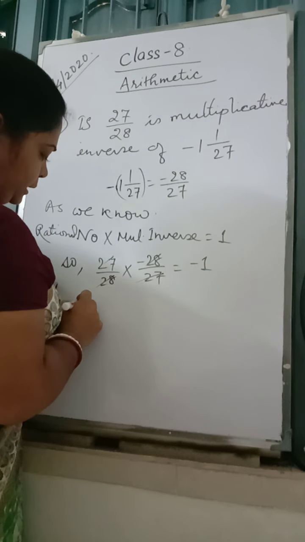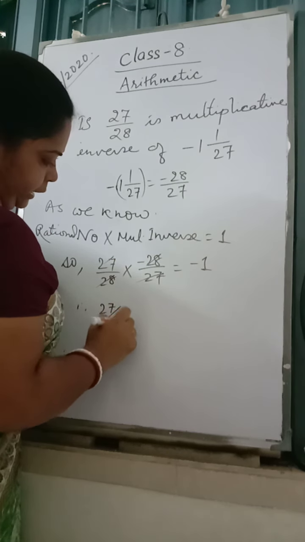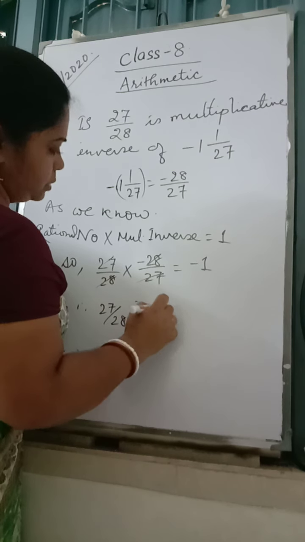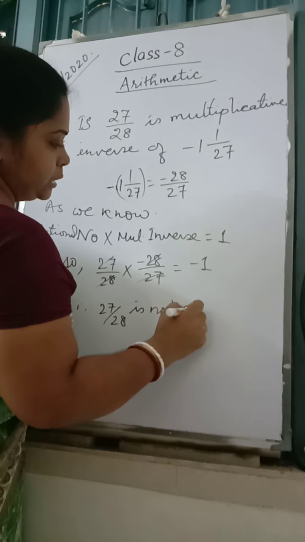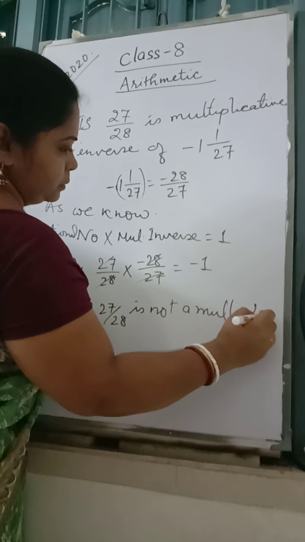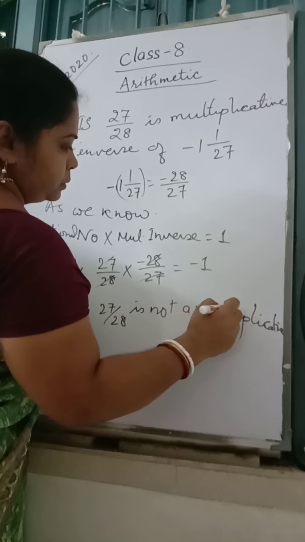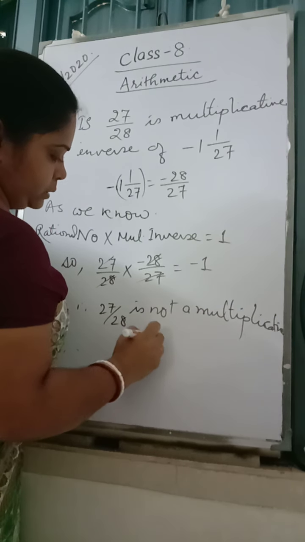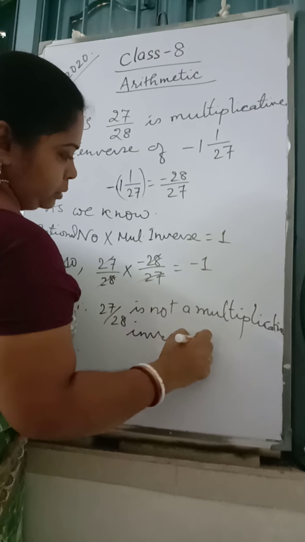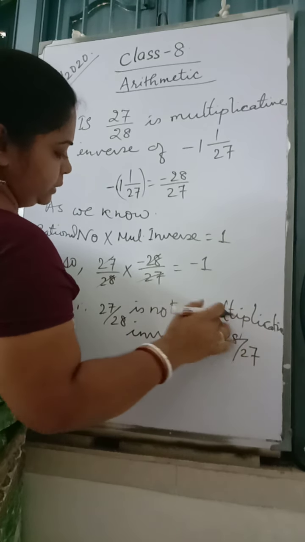Therefore 27 by 28 is not a multiplicative inverse of minus 28 by 27.